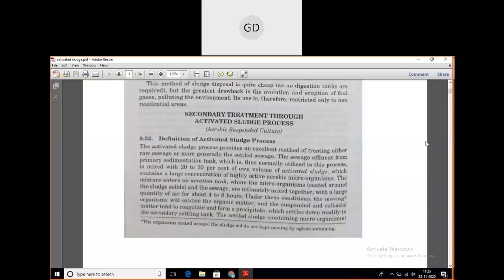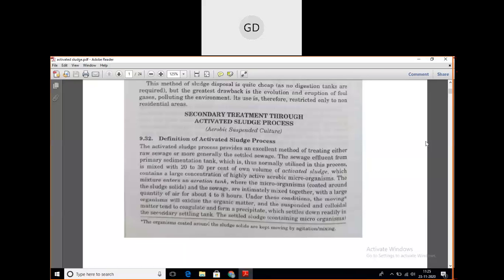In that aeration tank the microorganisms and the sewage effluent are mixed very thoroughly in the presence of air, for about 4 to 8 hours.